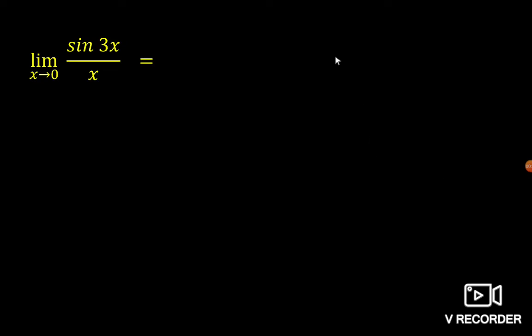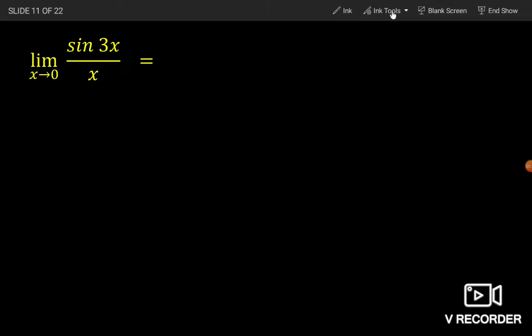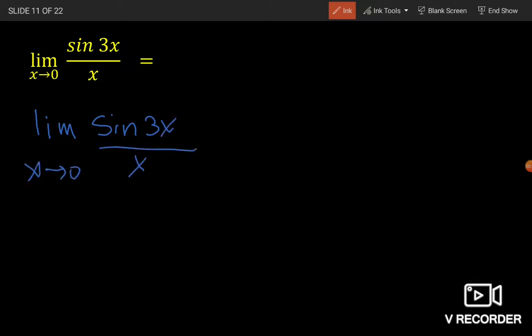So for our first example, we will have the limit of sine 3x over x as x approaches 0. So we can write this as the limit of sine 3x over x as x approaches 0.